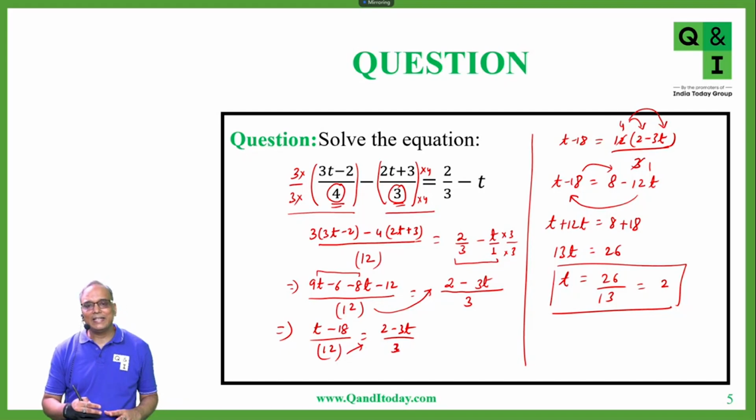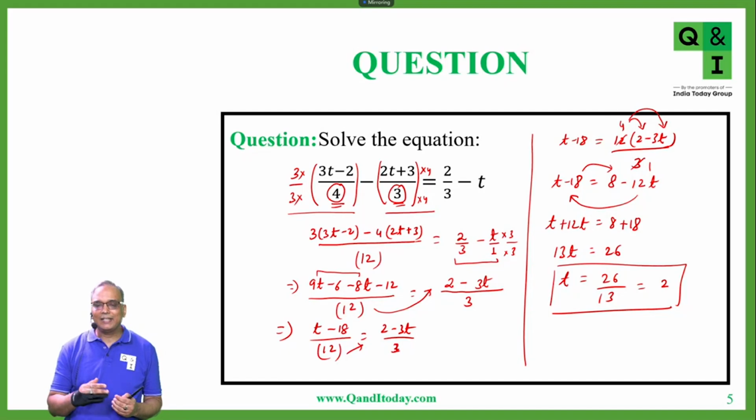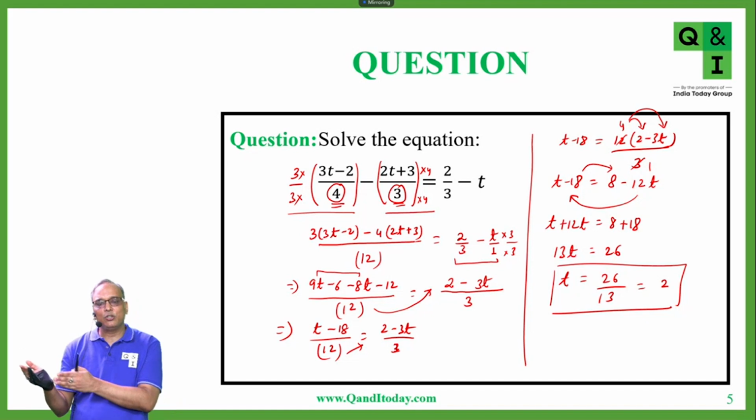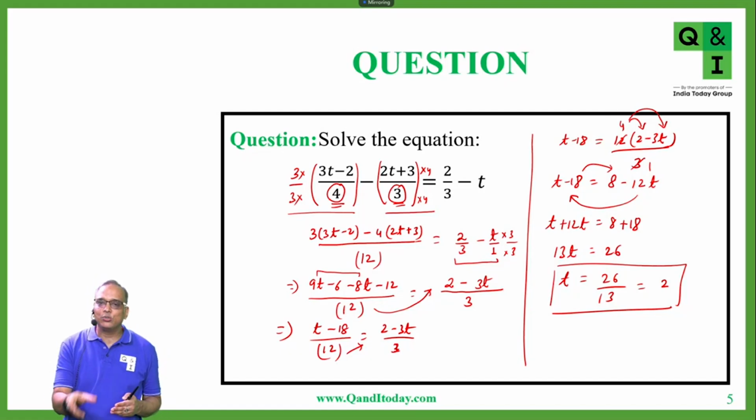Once you have done that, take the denominator and cross multiply it. So we'll take the denominator from one side to the numerator on the other side. Division will be converted into multiplication, and then you solve it for the variable. Take the variables on one side and the constants on the other side, solve it and get the answer.